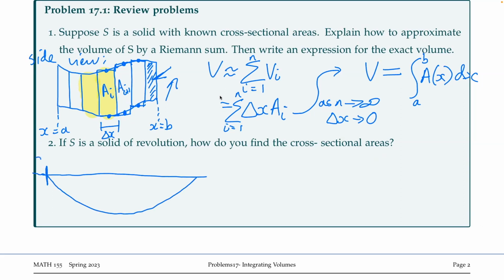And again, we've got some starting point and some end point, x equals a and x equals b. And this is rotated around this x-axis here. Imagine this is the bottom of the stone, and we rotate that round, and that'll give us the entire stone with rotational symmetry.